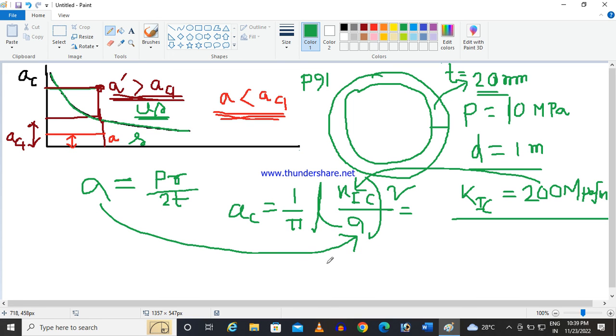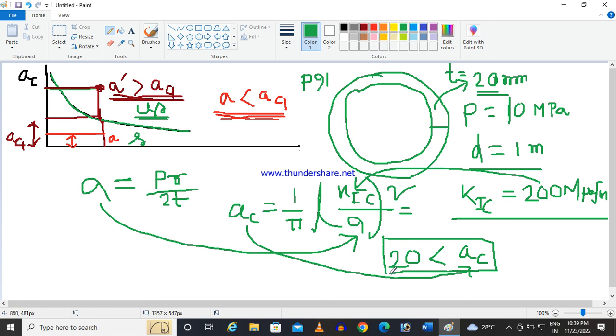So if this 20 mm is lesser than the value which we will be obtaining from here, that means it will cause leak. The brittle fracture will not take place.